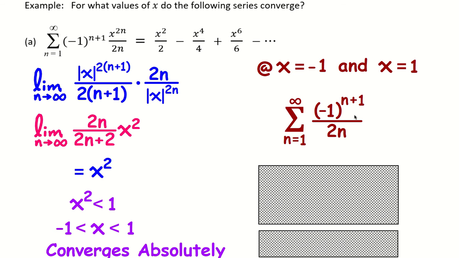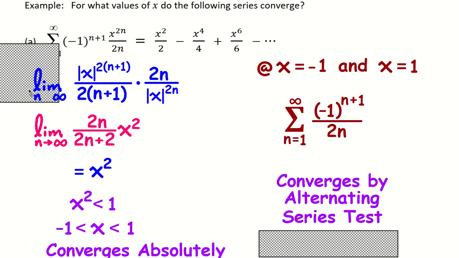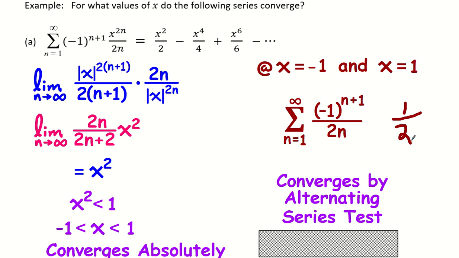So what does this series do? Does it converge? Does it diverge? Well, we're going to do the alternating series test, and it turns out that this passes the alternating series test because the u sub n part is the 1 over 2n.